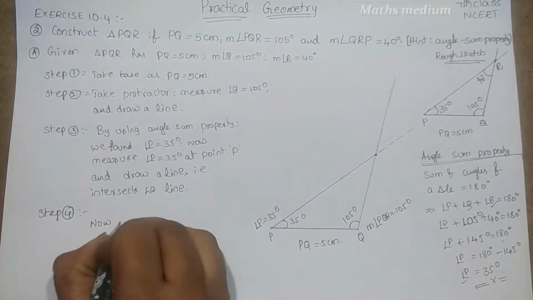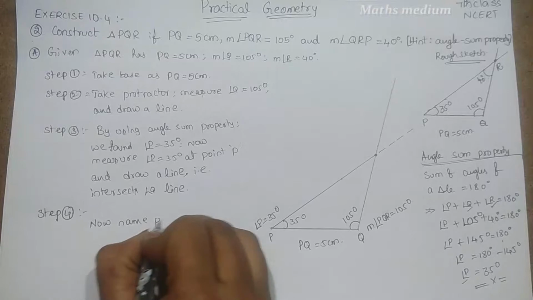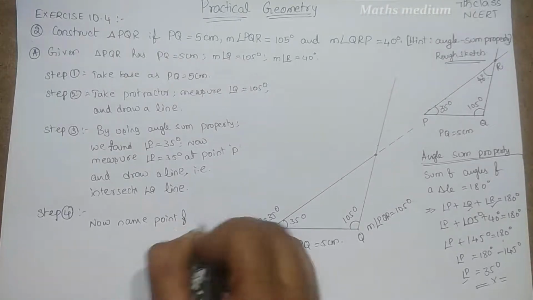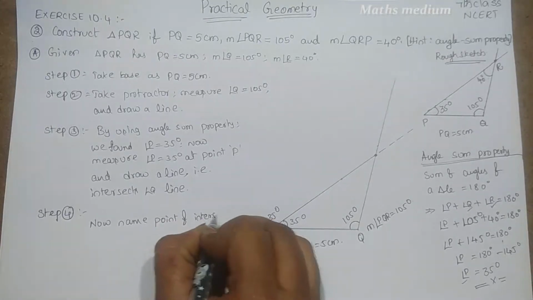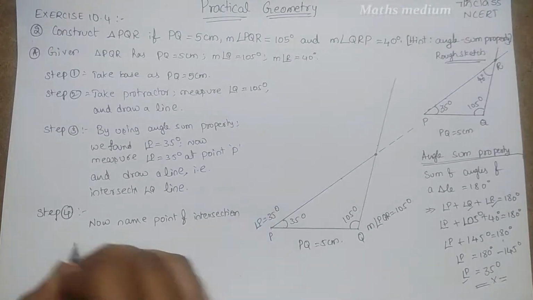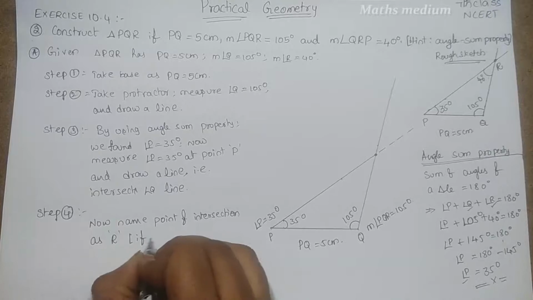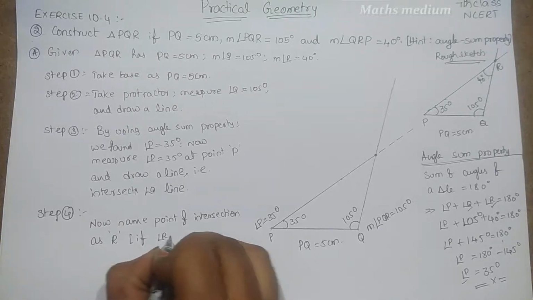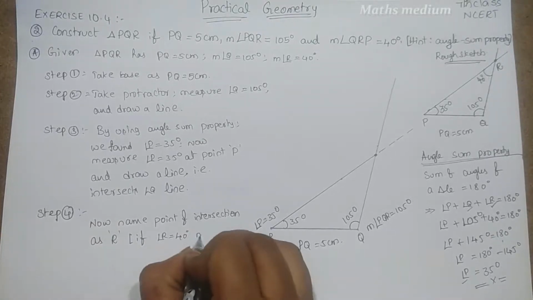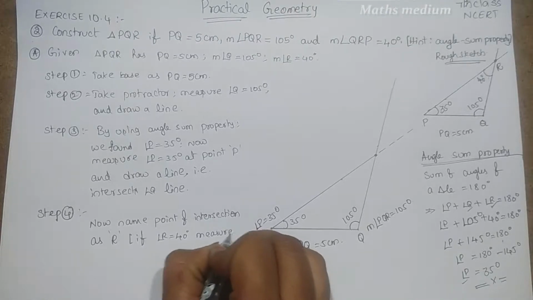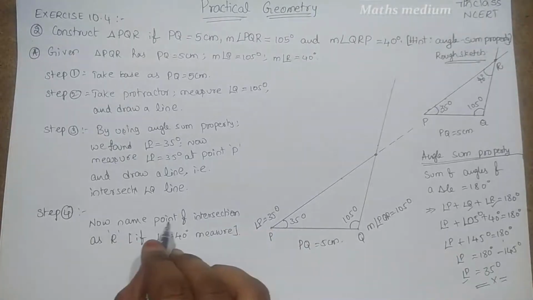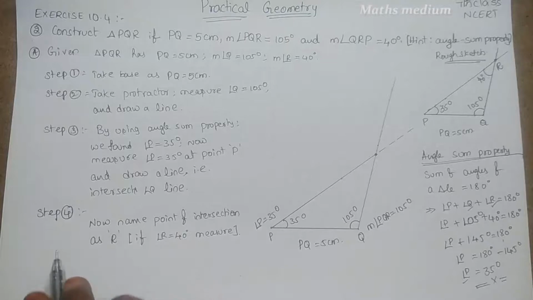Now name the point of intersection as R, where angle R is equal to 40 degrees. So the construction is completed.